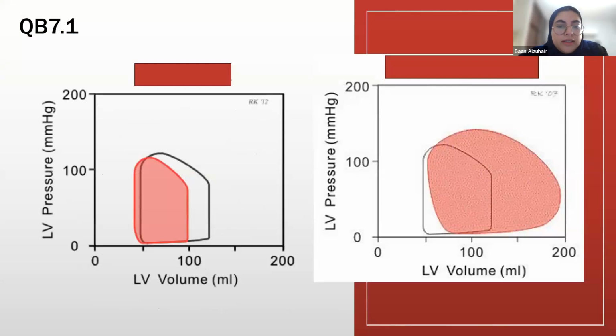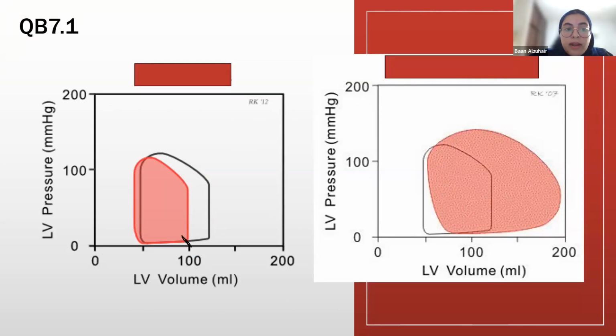Okay, so we have these PV loops. A lot of people asked for abnormal PV loops and valve abnormalities. So can anyone help me with the one on the left? Which one do you think this is? So the one on the left, this point is end diastolic volume, right?